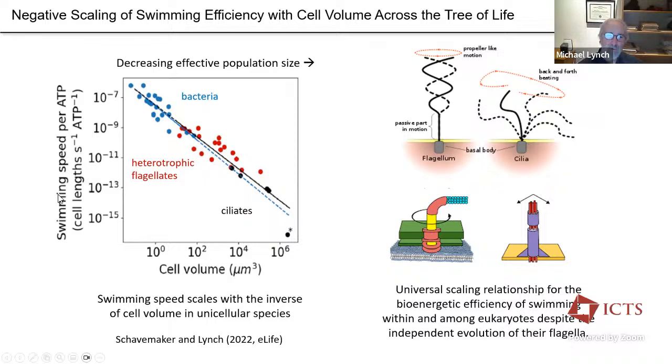So you're thinking about swimming speed per unit length, which seems like the ecological value that would be most important to an organism, and per unit ATP investment. And as you move to the right, you can see that this declines. It's almost an inverse relationship, but everybody falls on the same line, whether you're a bacterium or eukaryote. So again, it's another one of these universal scaling relationships, even though the underlying swimming motility mechanism is completely different.